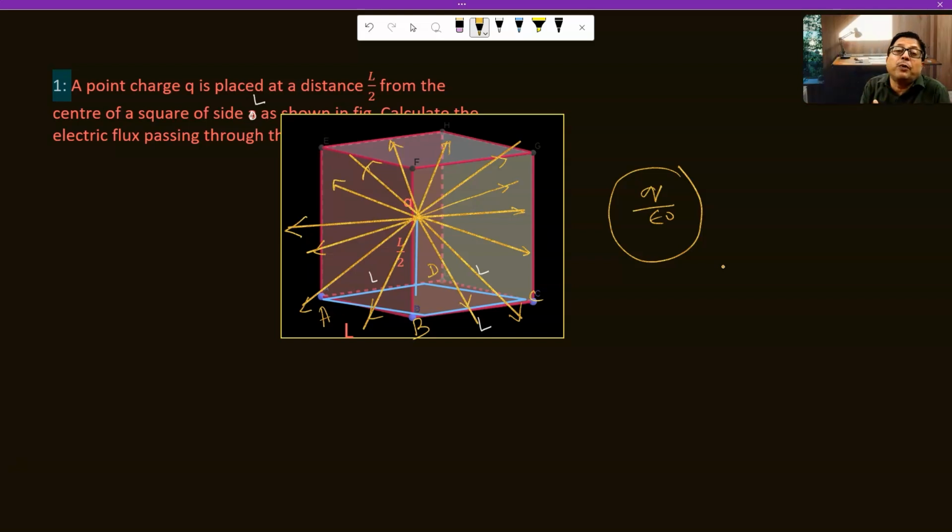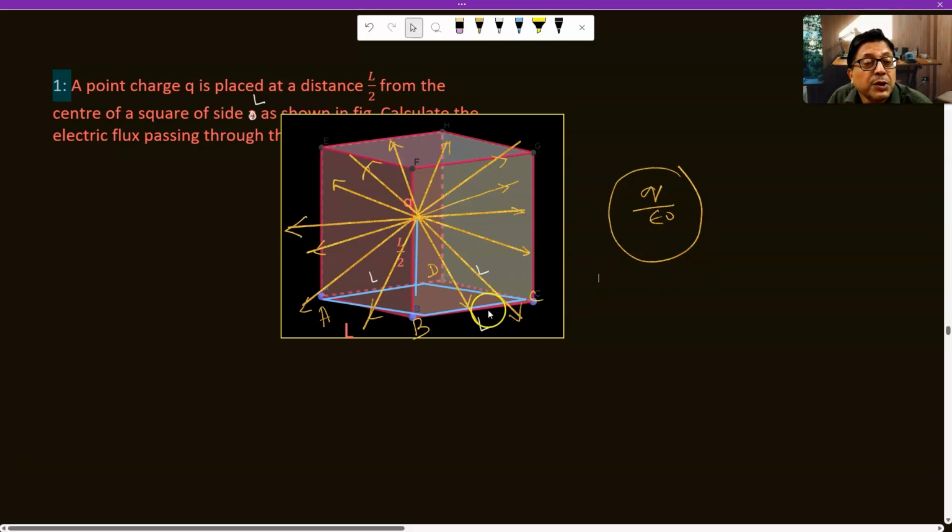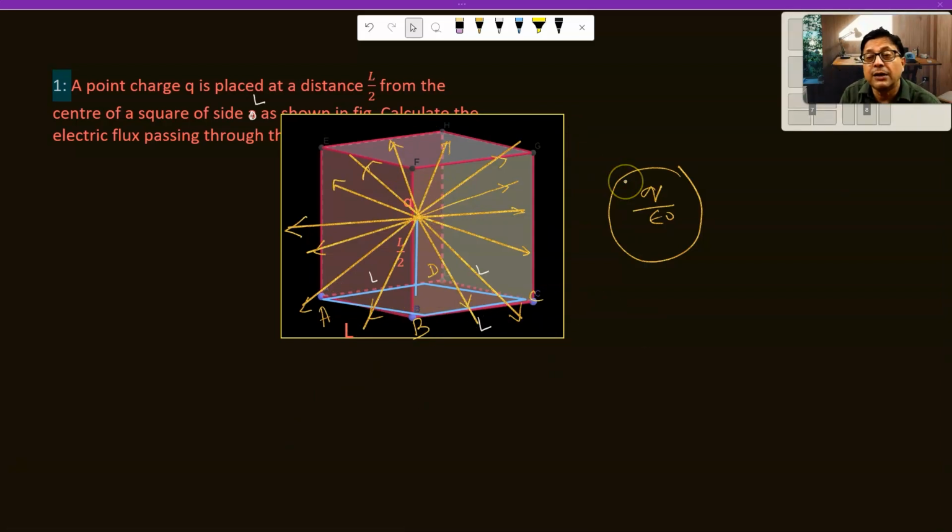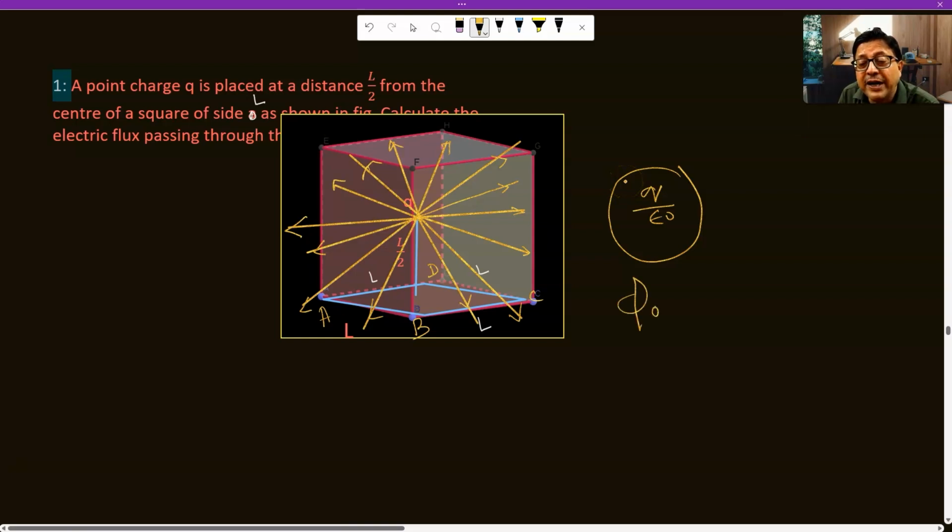That's why it is so important for the requirement of the sum to bring the charge at the center of this cube, whose lower face was the given plate A, B, C, D. So 6 faces are there. Total outward flux phi out is going to be Q by E0.